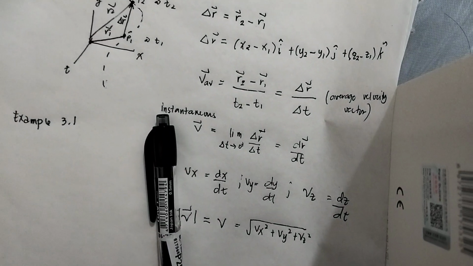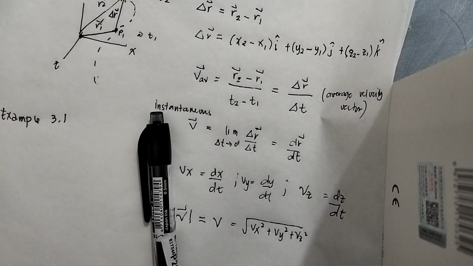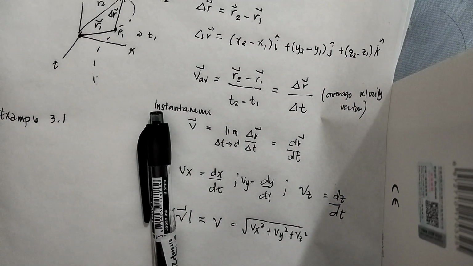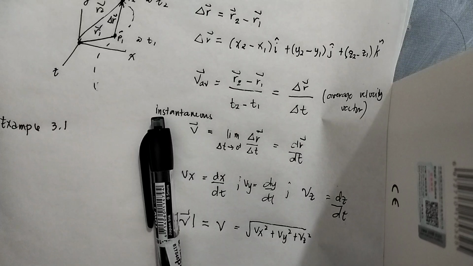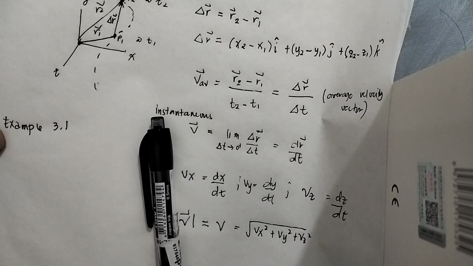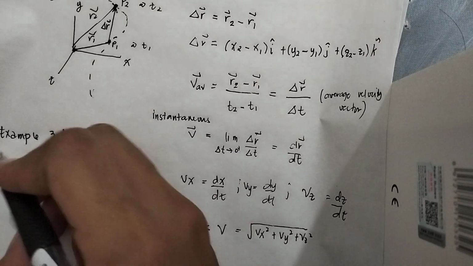So, 2D ra. So, how are we going to solve this one? Wala siya z. So, first, we have to get the given.